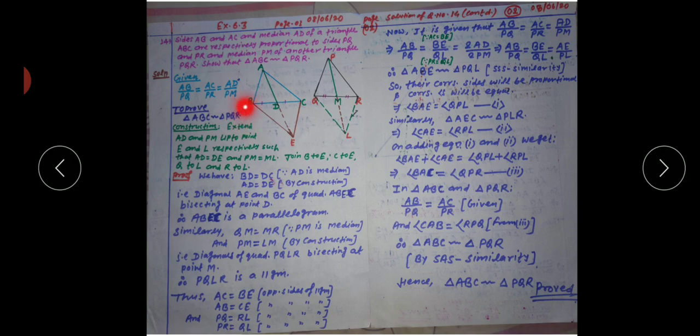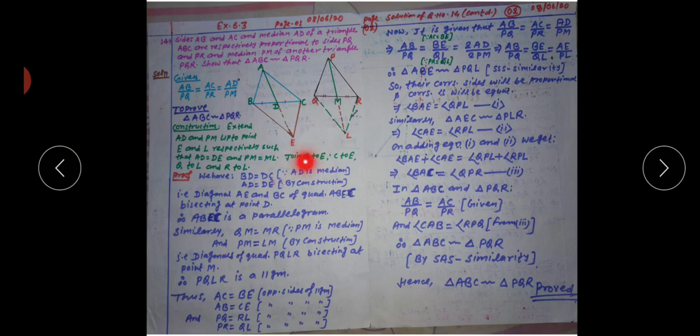So construction is required here. We have to extend AD to a point E, and the median PM in triangle PQR is to be extended to a point L, in such a way that the length of AD should be equal to DE, and the length of PM in triangle PQR should be equal to ML.